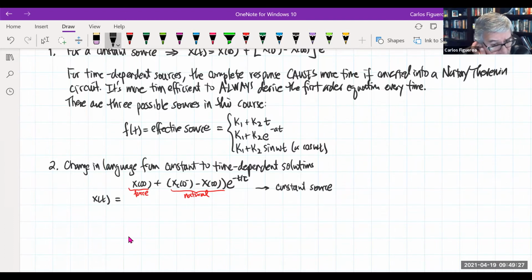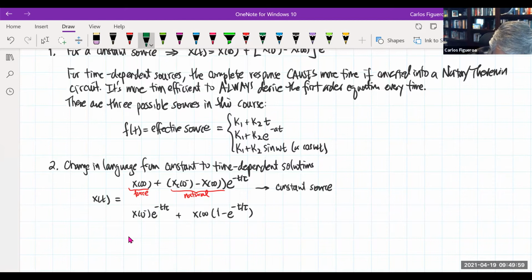But what you're going to find here is that when I look at the complete response now, I want to change it. I want to come here and do this. Oops, let me not do that. And it's going to be 1 minus e to the minus t over tau. And this is the change in language.